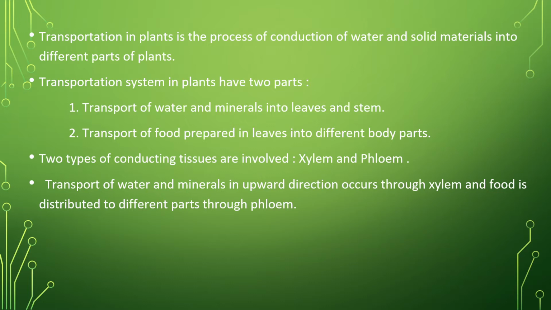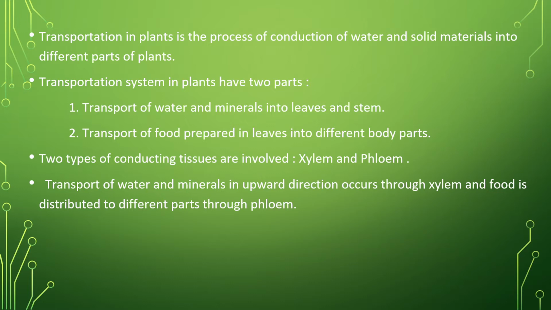Just like in the human body the circulatory system circulates gases and nutrient particles to the different parts of the body, by the transportation process in plants, water and solid materials are transported into different parts of the plant.